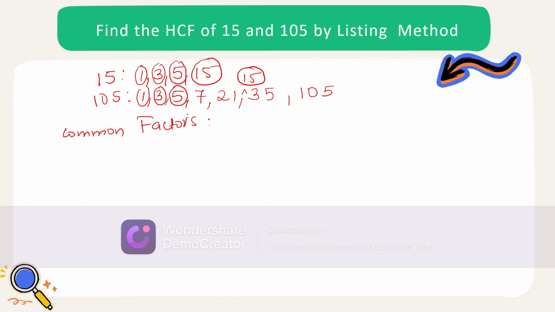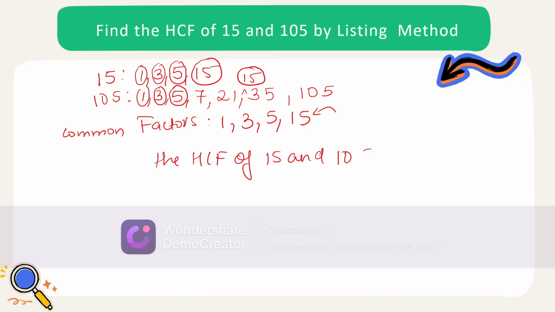Now let's write down the common factors. It's 1, 3, 5 and 15. Which is the highest common factor? 15 is the highest factor which is common in both the numbers. So the HCF of 15 and 105 is 15 itself.